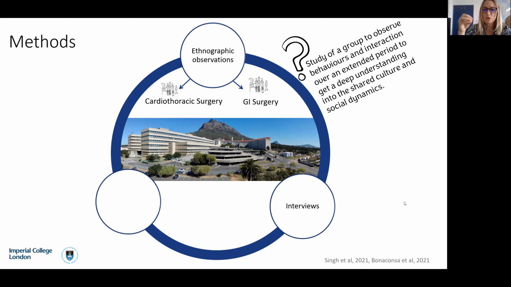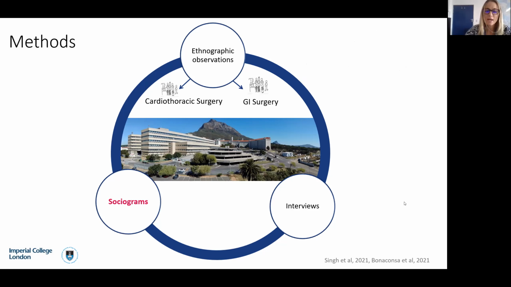Together with the ethnographic observations, we also did interviews, to try and elicit experiences around antibiotic prescribing, and how different healthcare workers were experiencing prescribing practices and IPC. In addition to this, and especially because we were observing a lot of ward rounds, we had an opportunity to observe how teams were interacting at the bed space.